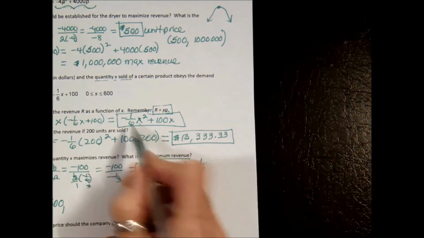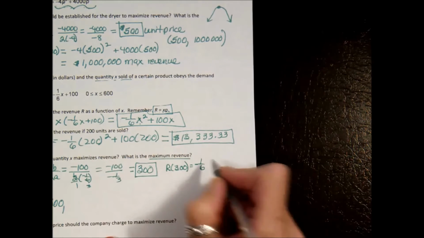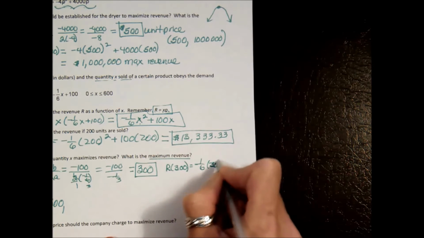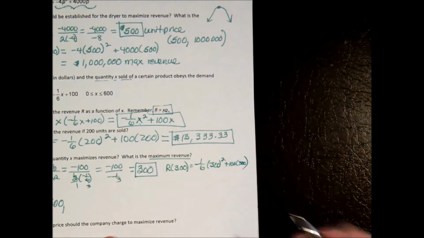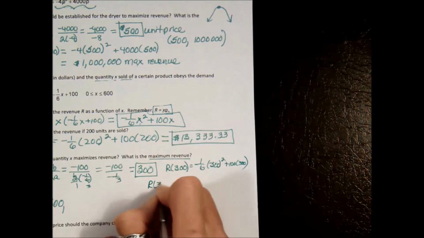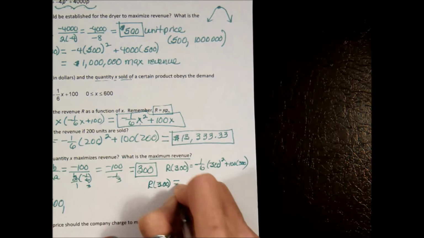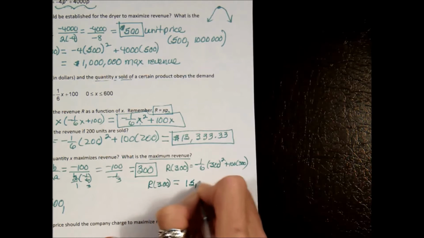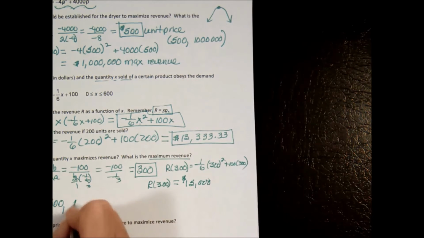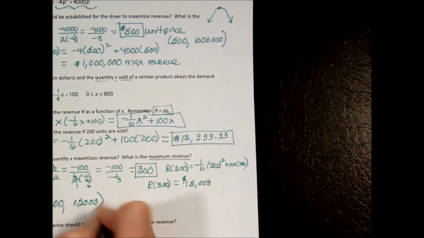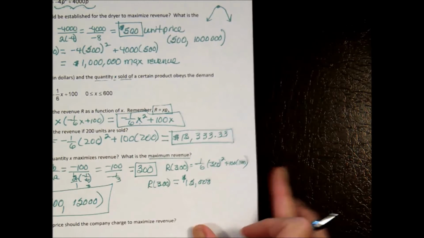I'm using this equation right here. Take out that X, put in 300 squared plus 100 times 300. Calculator problem. R of 300 is equal to 15,000. So when you sell 300, you will make your maximum revenue of 15,000.